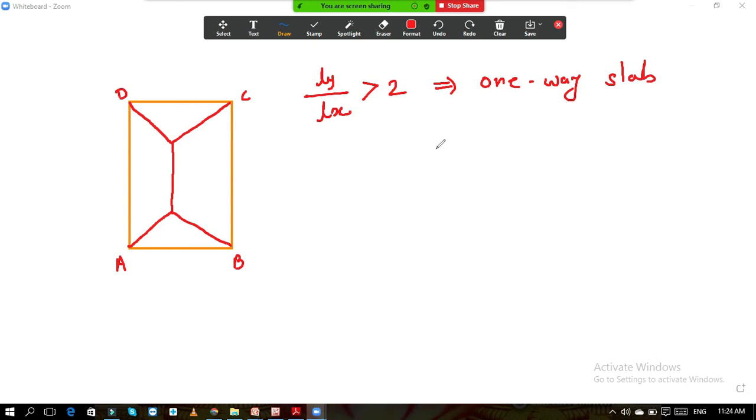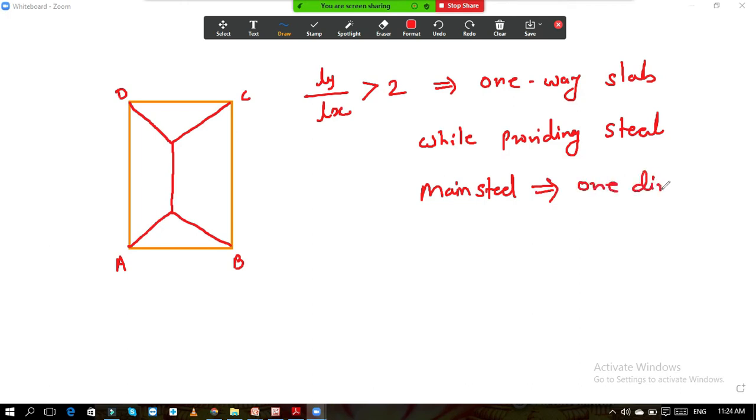One way means that while designing the slab and providing the area of steel, we provide main steel only in one direction, and in the other direction we provide distribution steel.